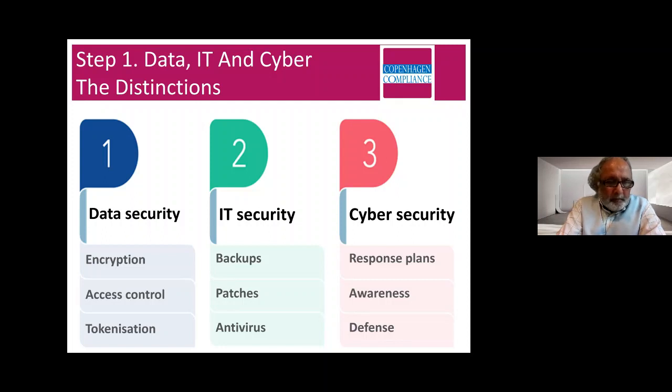And what one department thinks is data security, the other department thinks is cybersecurity. What one department thinks is cybersecurity, somebody else talks about as IT security. So you need to make sure that you start with distinction so that everybody in the organization understands what we are talking about. And then annually identify 3 components on each of these major areas.